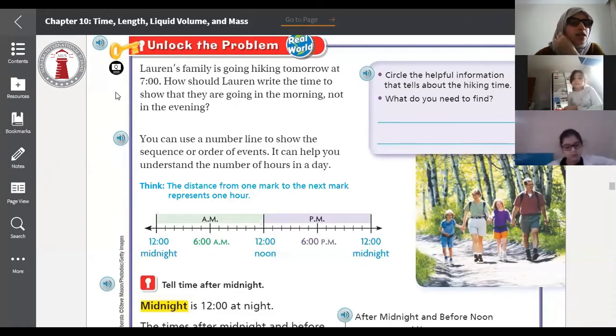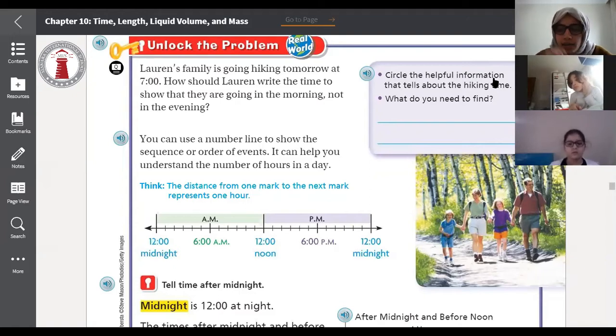So Lauren is trying to tell her family what time to prepare for a trip, but she doesn't know how to explain to them if 7 o'clock is evening or morning. So we're going to learn some ways to explain the time of the day. She's going hiking.